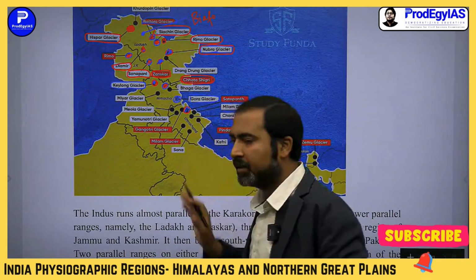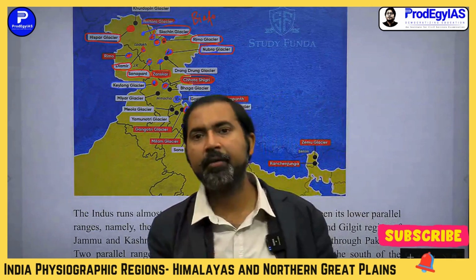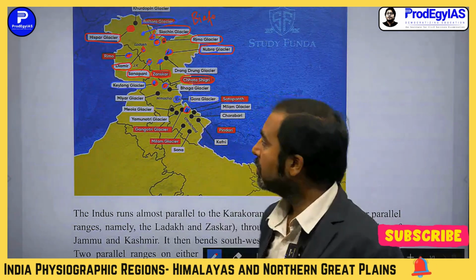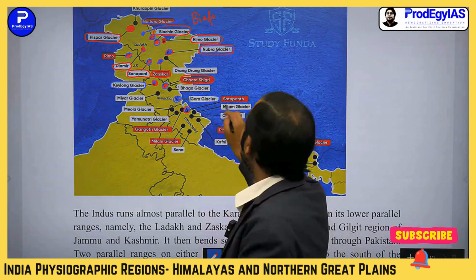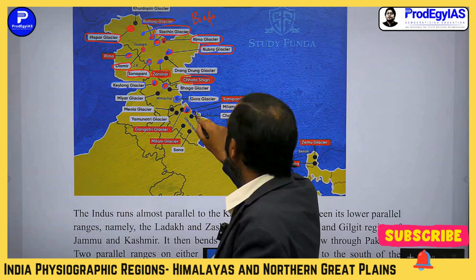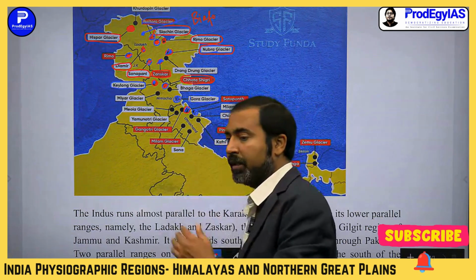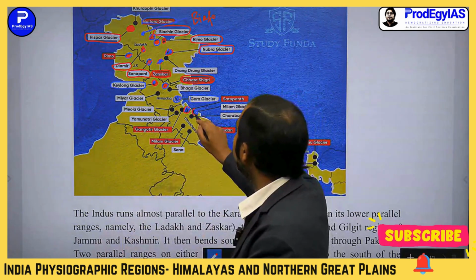Most of these glaciers are sources of Himalayan rivers, right? Many Himalayan rivers originate from the meltwaters of glaciers. First try to locate them, then you will see their importance in the drainage of India, then you will recall them.